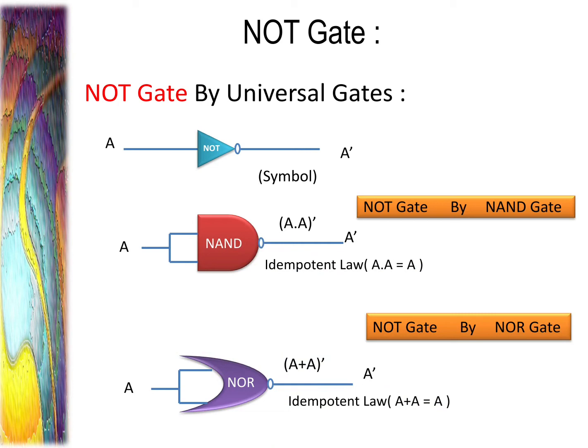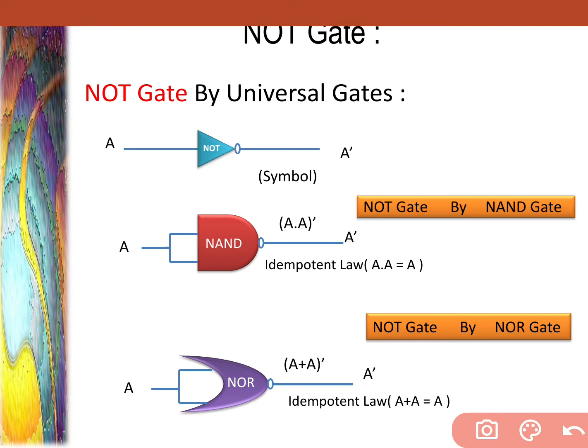The NOT gate is the only gate which accepts one input and produces one output, which is the negation of the input. And we have to create A dash from A. How? In our universal gates, we have input two or more times, but in the NOT gate, input is given only one time. So what do we have to do?